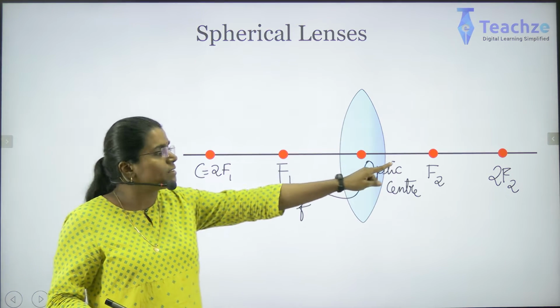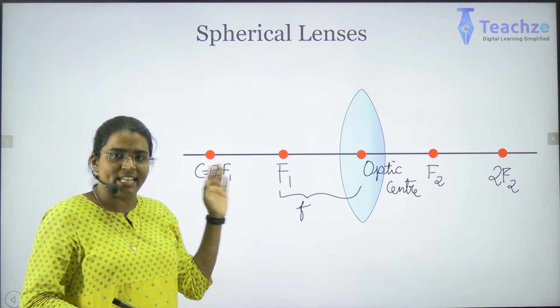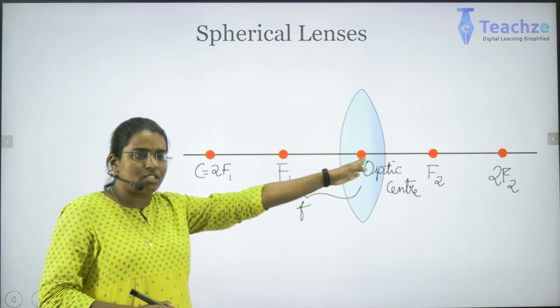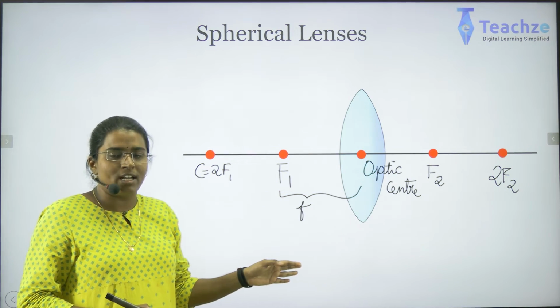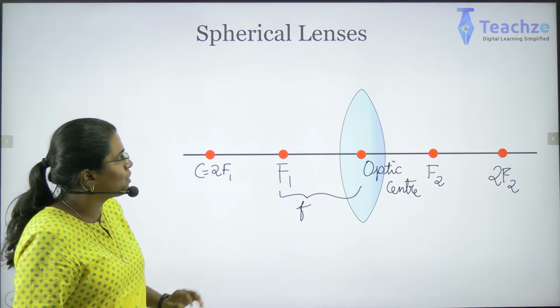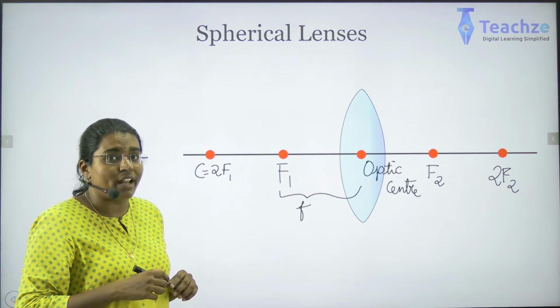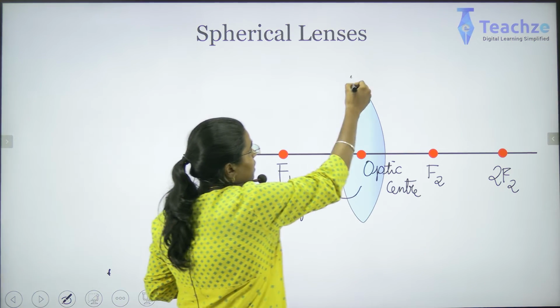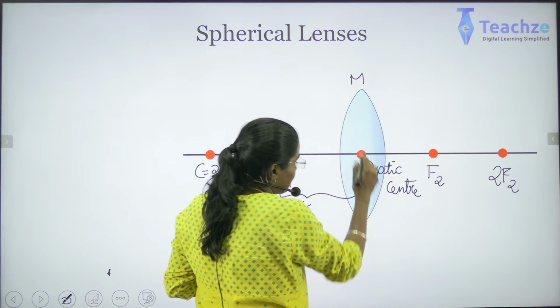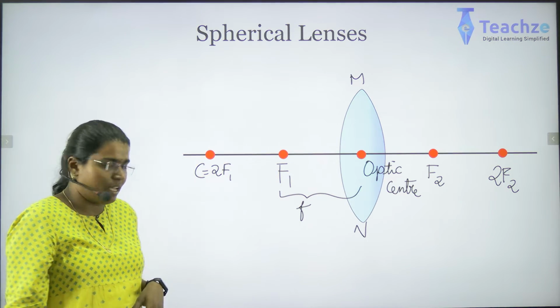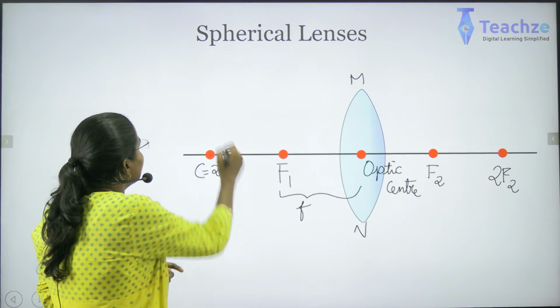And instead of pole, we say this as optic center. We know this black line that is passing through the optic center is called the principal axis. Good. So principal axis, and then the aperture we saw it, right? Aperture will be the amount of light entering between M and N. So what did we see?